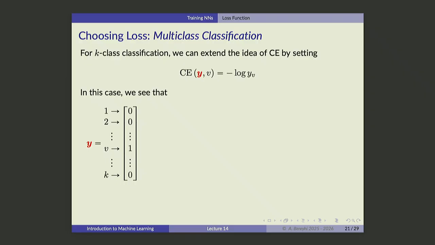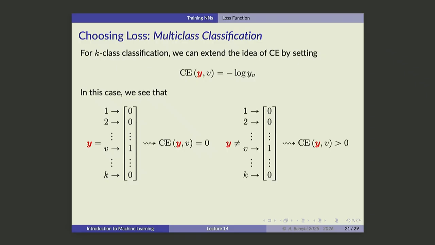If Y is exactly this guy, the cross entropy is going to be 0, because Y at location V is 1, and log of 1 is 0. If they are different, if this output is not that guy, the cross entropy is not 0, and indeed it is larger than 0. So it's again a loss function as you want it, but it's just maximizing the likelihood.